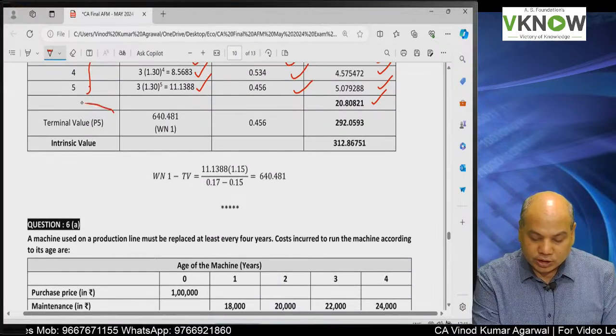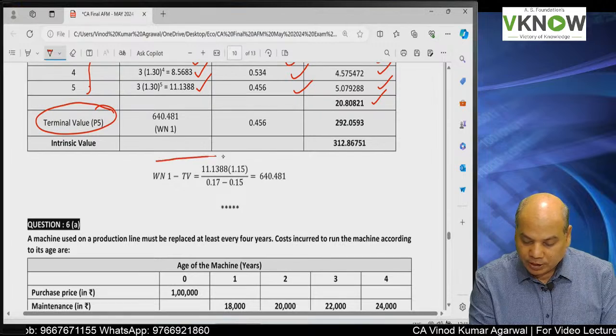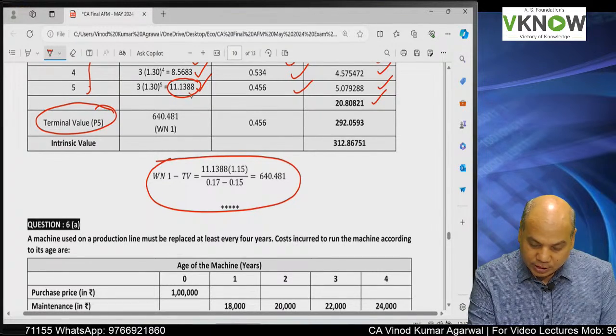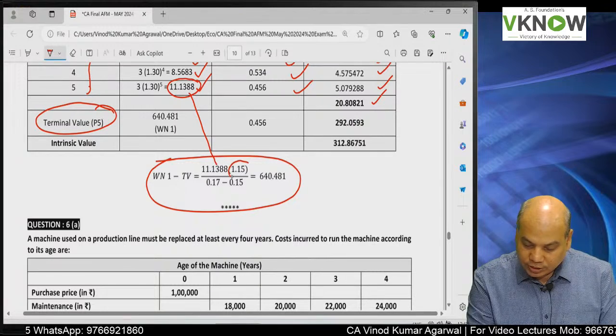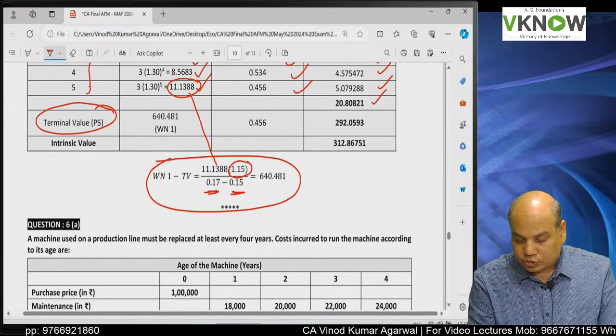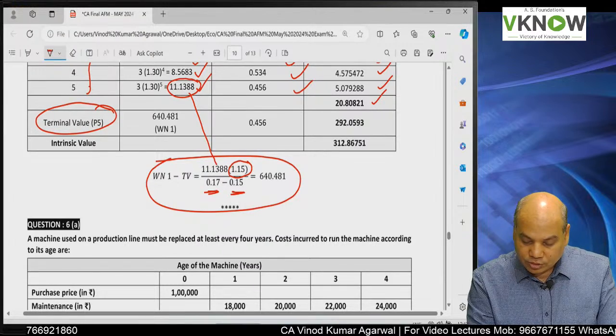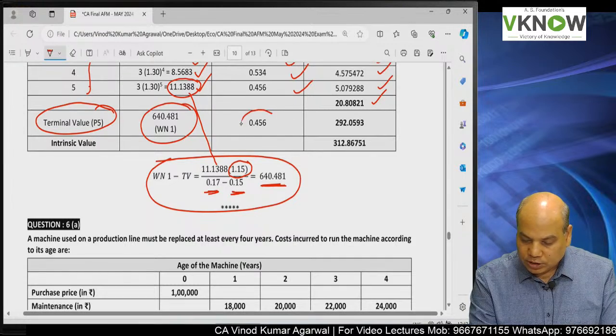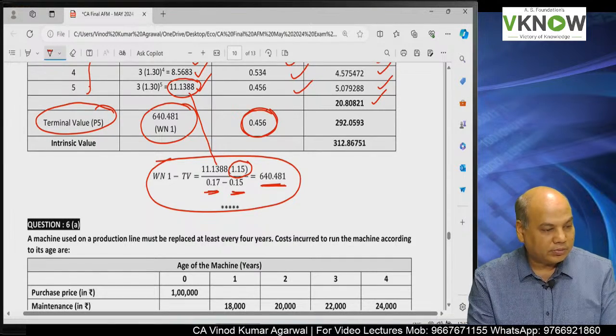Then compute the terminal value by preparing a working note. Take the last dividend paid. Growth rate is 15%. Divide by cost of equity minus growth rate. It comes to 640.421. Multiply this by 5th year factor.